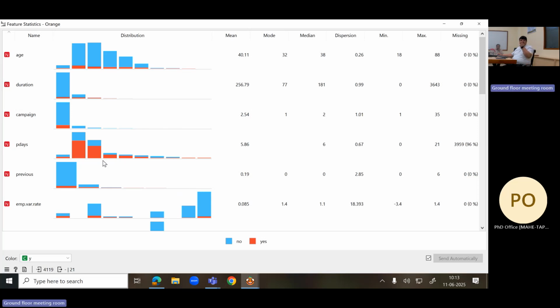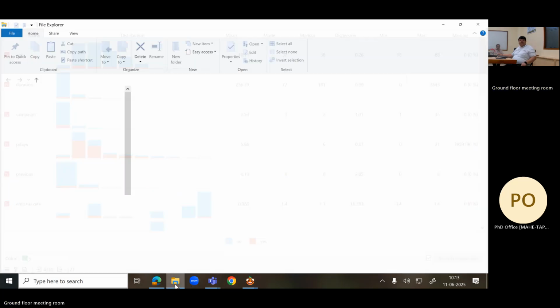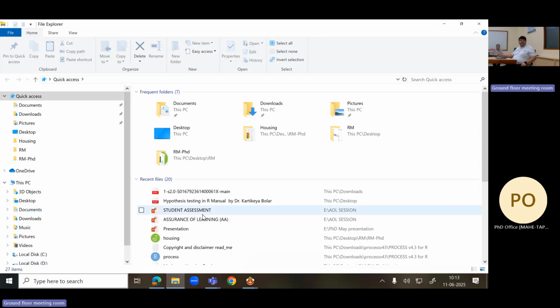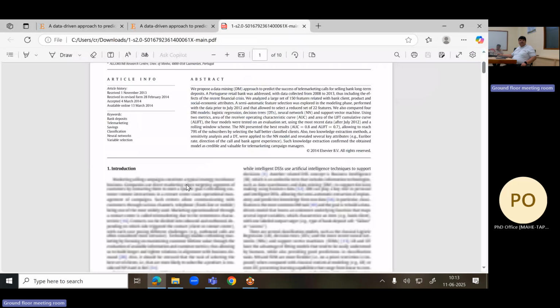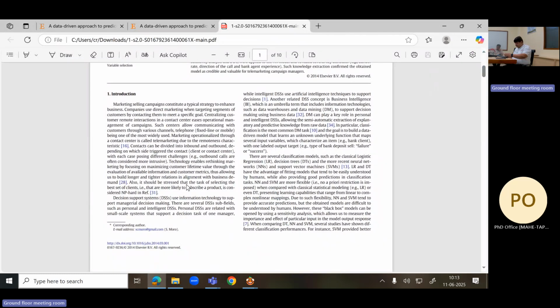What might they have mentioned in the paper? Is there a column called P days in this? They have not kept it, which means they also have not used it.